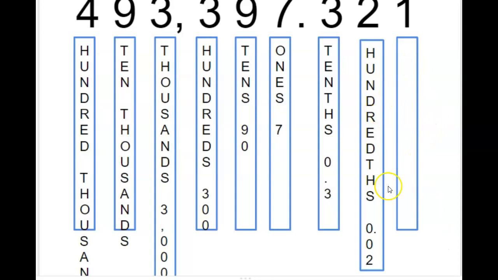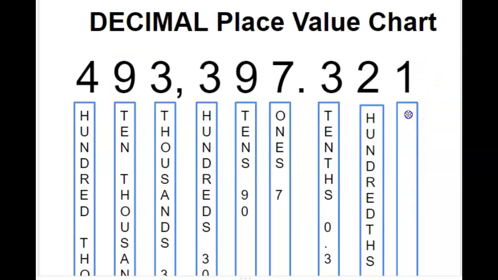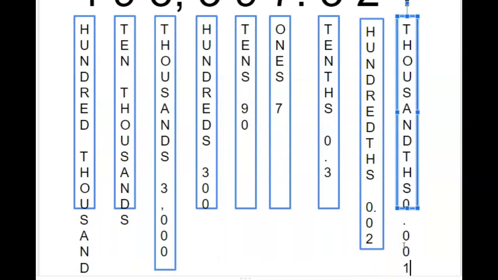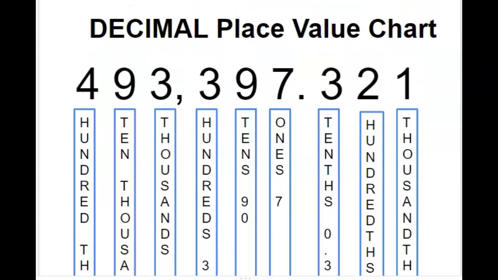I know it's kind of hard to see. And then finally, we have our last digit here in the thousandths place. And again, it's thousandths with the TH at the end. And this digit will be equal to 0.001. So this is how we do place value.